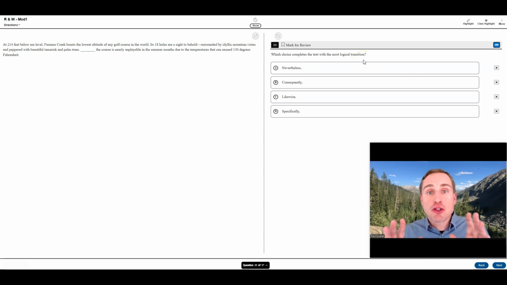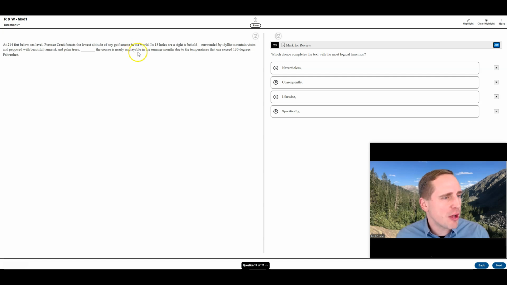Okay, another logical transition question, question 23. Most logical transition. At 214 feet below sea level, Furnace Creek boasts the lowest altitude of any golf course in the world. Its 18 holes are a sight to behold, surrounded by idyllic mountain vistas, peppered with beautiful tamarisk and palm trees.